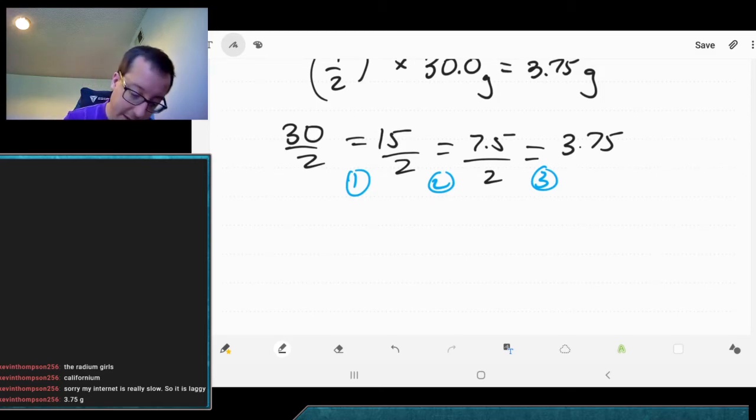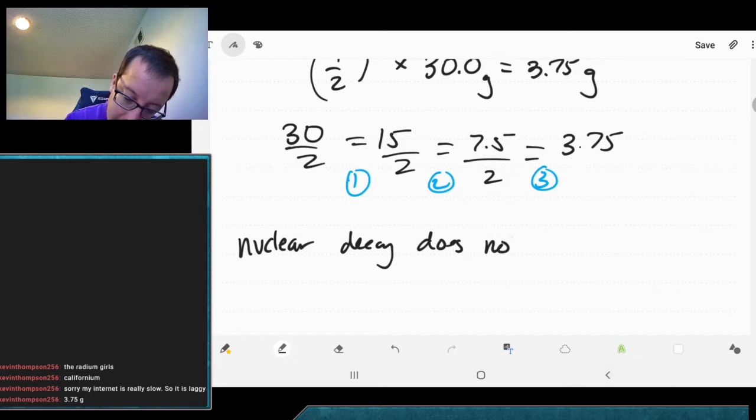What's interesting is that nuclear decay is completely constant. It does not care what the element is doing.